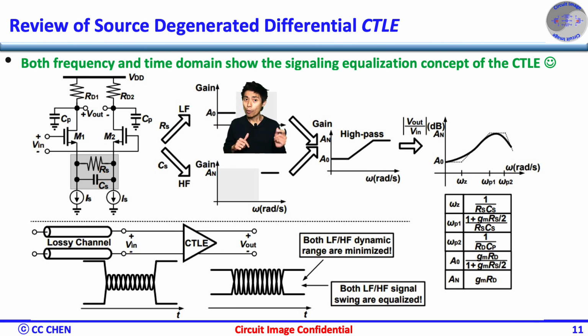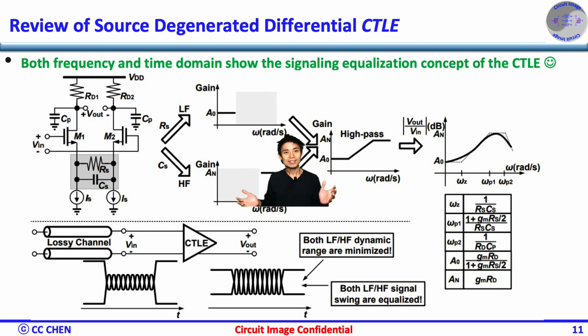Then CS is open and the parallel RC network is dominated by RS, so the DC gain drops. On the other hand, at high frequency, the RS impedance is much bigger than 1 over omega CS, so the parallel RC network is dominated by CS and the gain is higher to achieve the high pass characteristic.